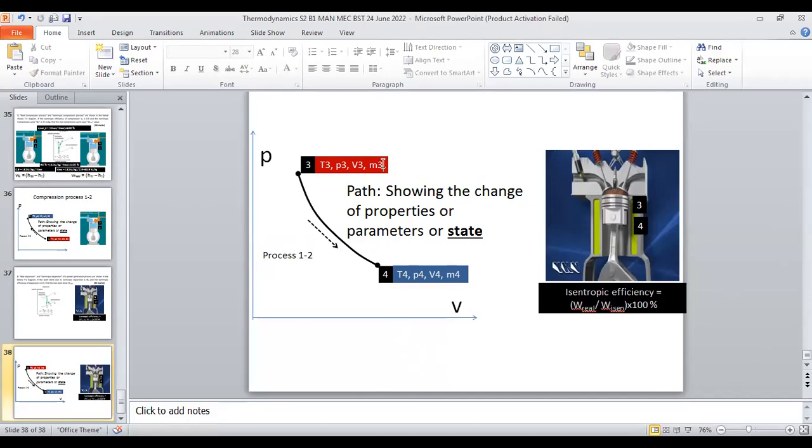So your S3 value is here, and here is S4. Okay. Big values, no issue. So even if not isentropic or ideal, then S4 is more than S3.